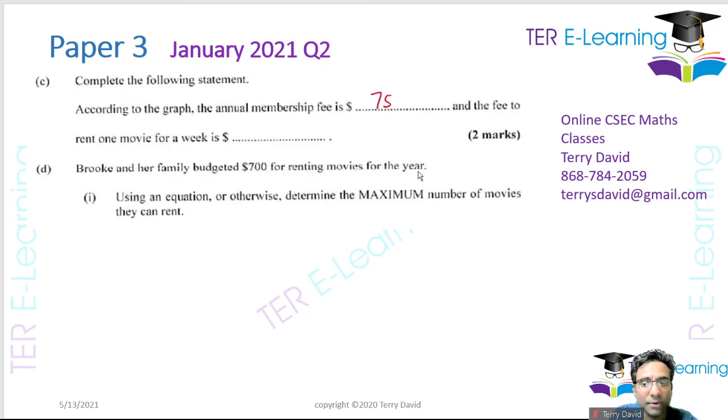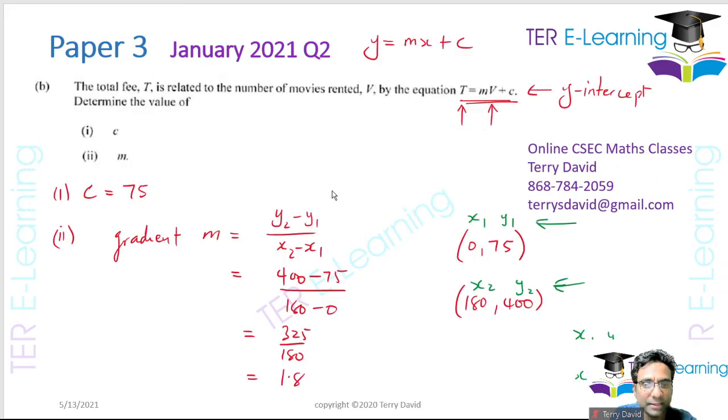And the fee to rent one movie. So if you look at the formula, what the formula is going to look like is going to be this. It's going to be 1.8 multiplied by, sorry, I put v, it's going to be t. My total cost is equal to m, which is 1.8, multiplied by how many movies I'm renting, plus my $75.